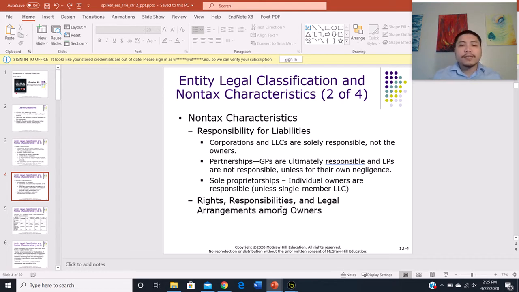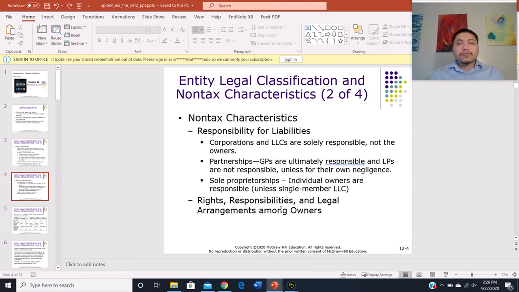All right, and we talked about sole proprietorship already, right? So that's about the responsibility of the liabilities. What about the legal arrangement within a firm?